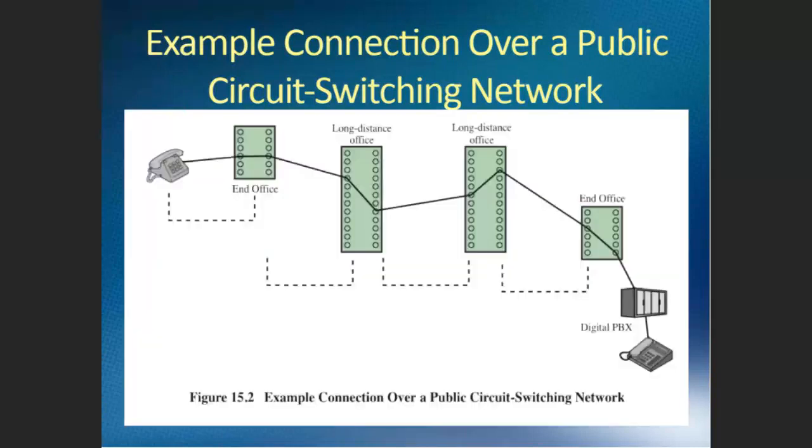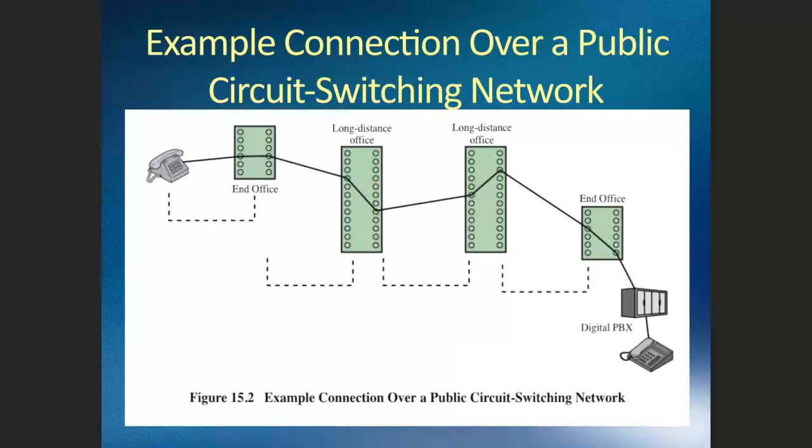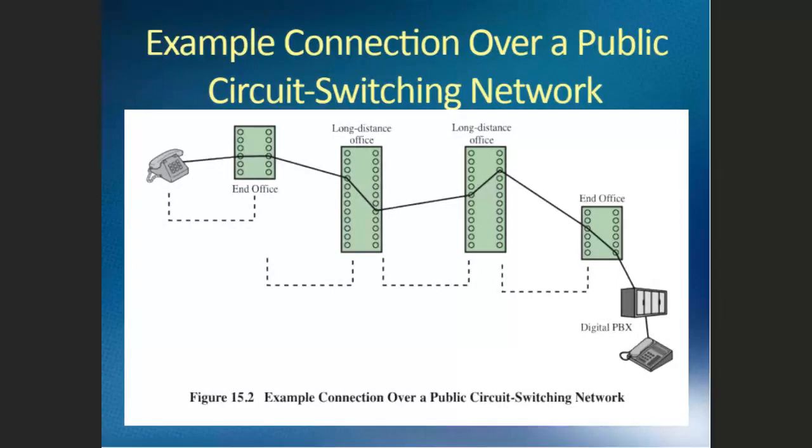This is an example. You have to know the names here. So here we have the transmitter. Then that signal will go through the end office to the long distance office. Then it will arrive at the receiver side, long distance office, then the end office and the digital PBX of the receiver.